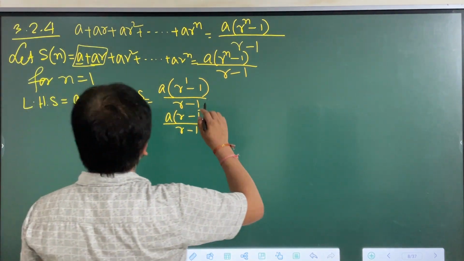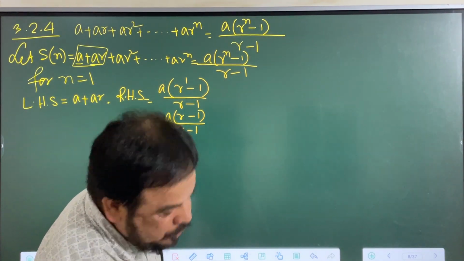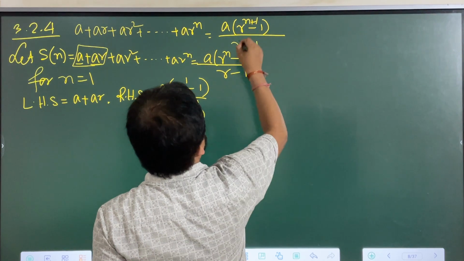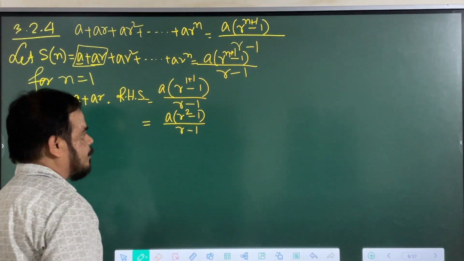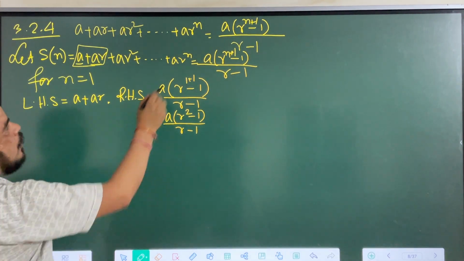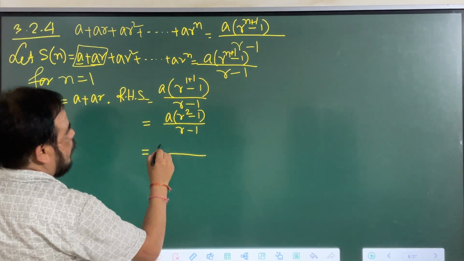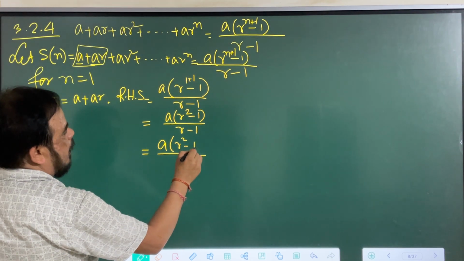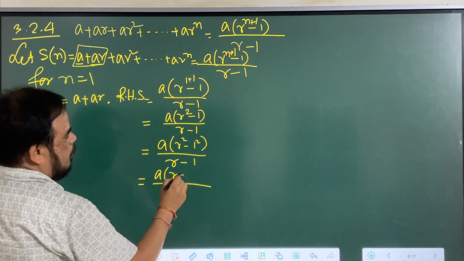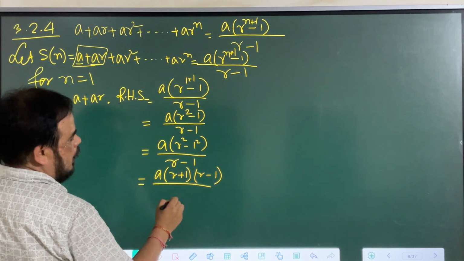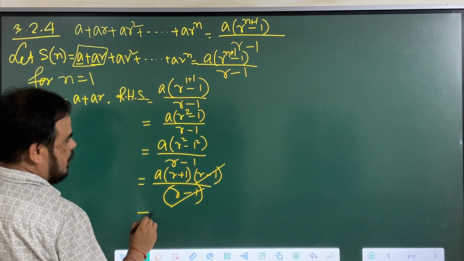R to the power n plus 1 was there in the question, no? I have written the question wrong. R to the power n plus 1, n plus 1, 1 plus 1, 2. So A R square minus 1 square by R minus 1, so A R plus 1 into R minus 1 by R minus 1 cancel.